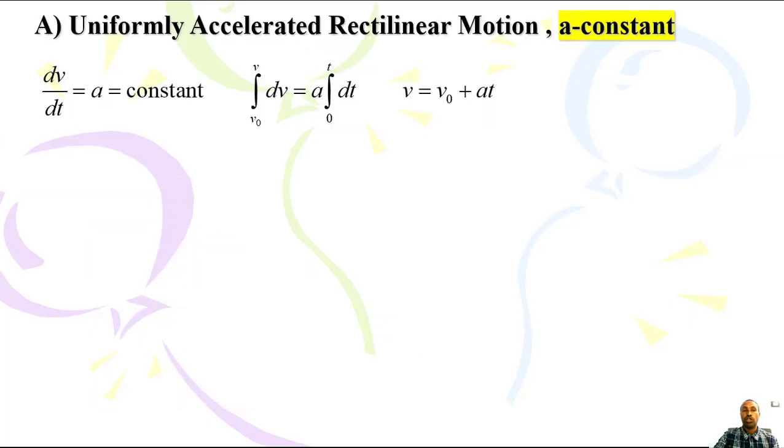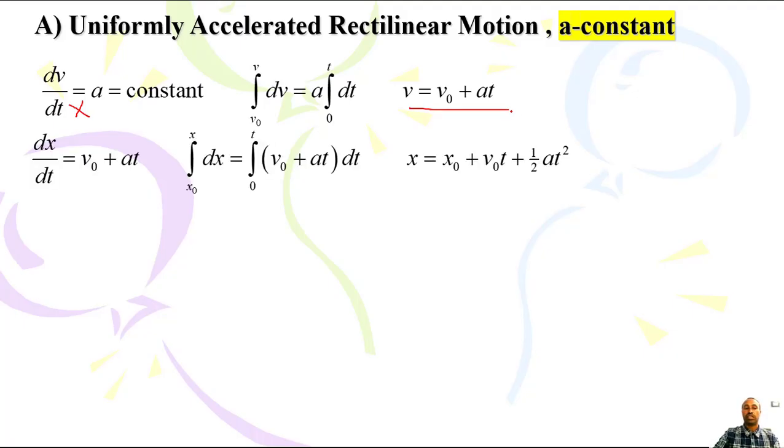So let us see now uniformly accelerated rectilinear motion. If acceleration is constant, you have dv by dt. Then if you just crisscross this one, it will give you the integral of dv. Then the integral from v naught up to v of dv is equal to the integral of acceleration from 0 to t dt, where a is constant, so you will have just this equation.